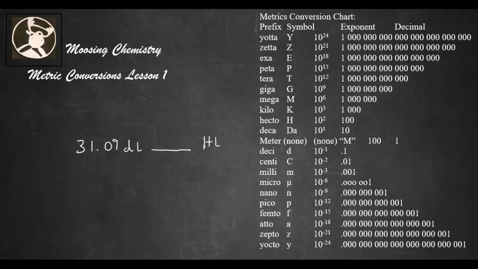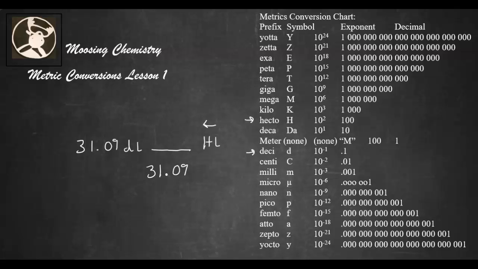First things first, write down the number, 31.09. Then you're going to go from deciliter right here to hectoliter right there, okay? So which one's larger? Remember, going up the scale is larger. So the hectoliter is larger than the deciliter, so the arrow points towards the deciliter.